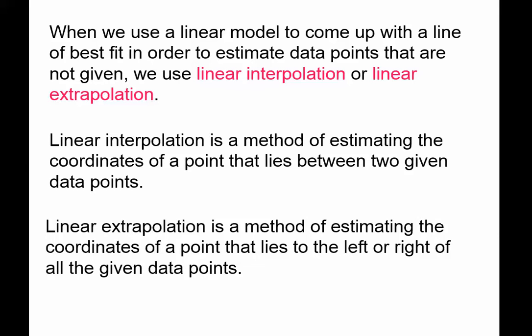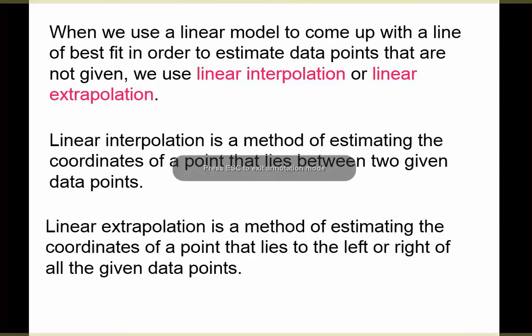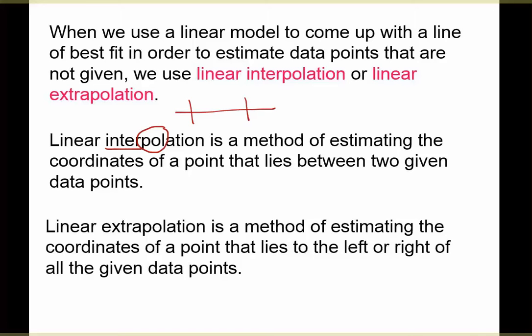Extrapolation you can think of as guessing a value that lies outside the data points. You can really just look at the word parts here to help you with that. When we see "inter," inter means between. And the "pole," you can think of the poles as like the numbers, right? So if that's a pole and that's a pole, and these are two numbers, we might be guessing a value that lies in between them.